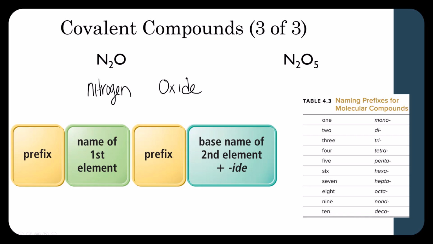So nitrogen oxide. Now I have to go back and tell the viewer how many of each of these we have. The subscript on nitrogen here is a 2. When I have 2 of something, that prefix is di. So I'm going to write dinitrogen. And for oxygen, remember 1s are implied. So there's 1 oxygen, and I'm going to write mono.